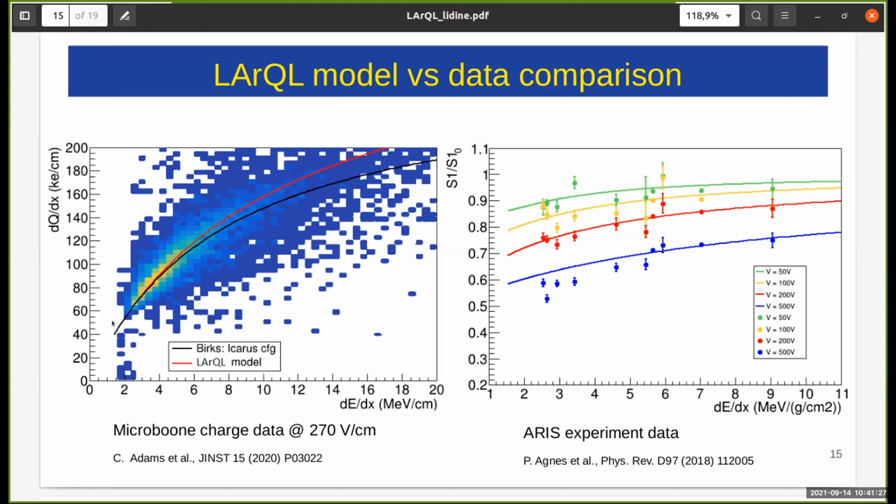What you see in black is the estimate that comes from the Birks model with respect to the data, and the red line is what comes from the LIQL model without doing any consideration of the data here. So the red line is not fitted to this data in particular. It's fitted to what we have used before, plus the ARIES, and it naturally gives a very good description of this data in this intermediate electric field region. So this is actually really nice.